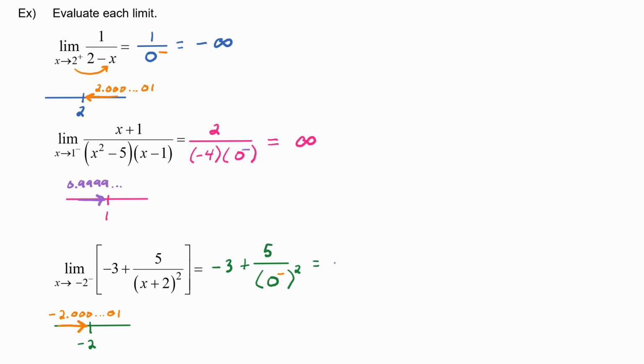So this becomes -3 plus 5 over 0 plus, because when we square that negative, it becomes a positive. This equals -3 plus infinity, which is going to equal positive infinity.